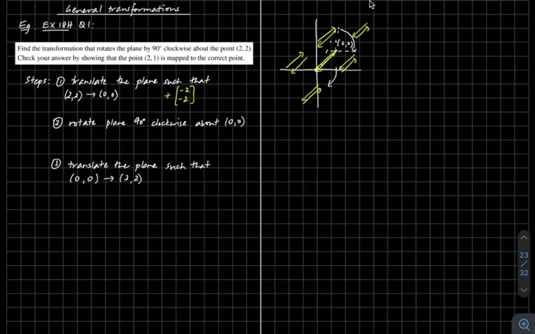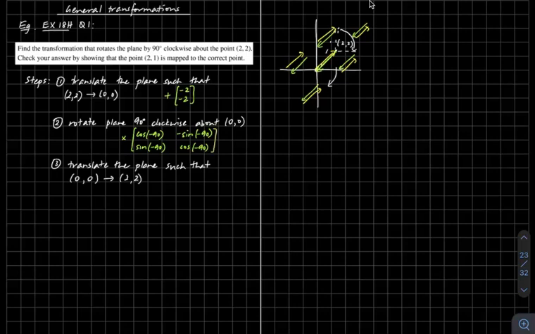Because that brings (2, 2) to the origin, it will bring every other point to the correct place. Rotating 90 degrees clockwise about the origin, we would need to multiply by the matrix with entries cos(-90), -sin(-90). Now remember, these are -90 because we're rotating clockwise.